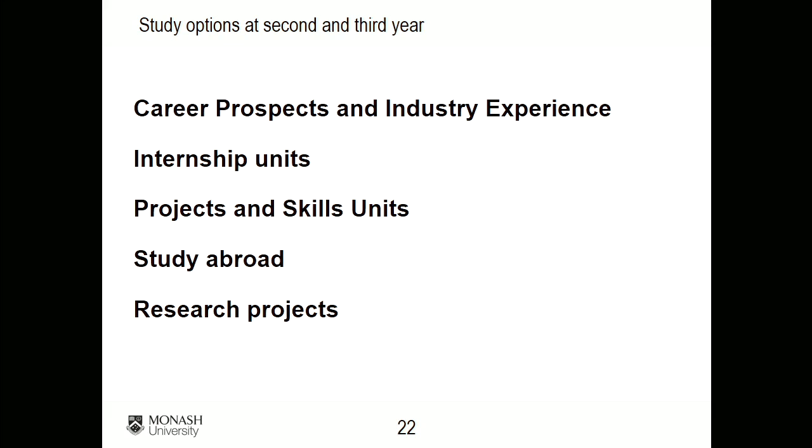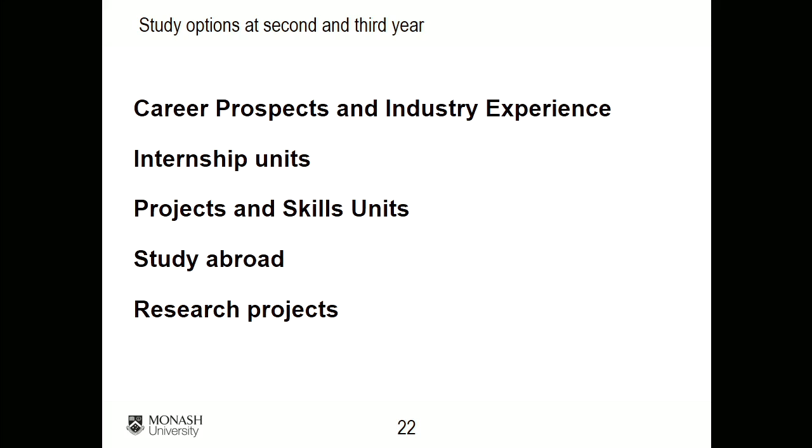That includes an industry project, or building your employability skills with a unit along the lines of a science schools project, where you work with educators or in education. There's also a third year unit called Career Skills for Scientists, which I strongly recommend having a look at. It's really, really useful.